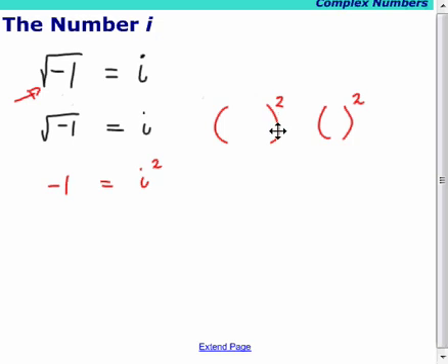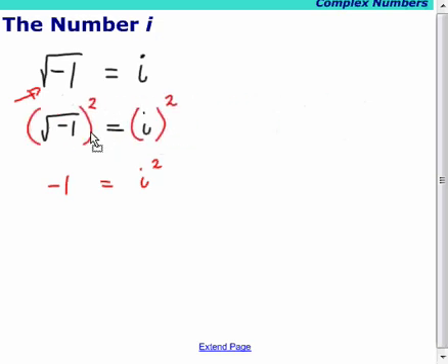Or, if I want to revise that a little bit, if I square both sides like this, I get rid of the square root sign and am left with -1. I square this side and I'm left with i squared. So if I square both sides, then I come up with two substitutions that I can use.